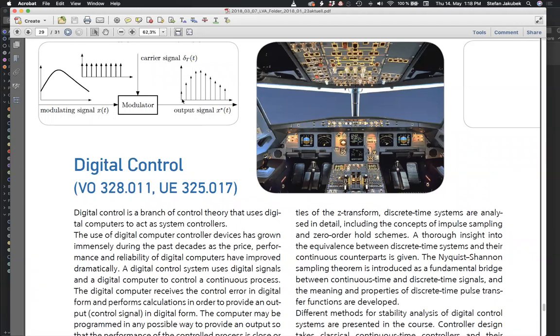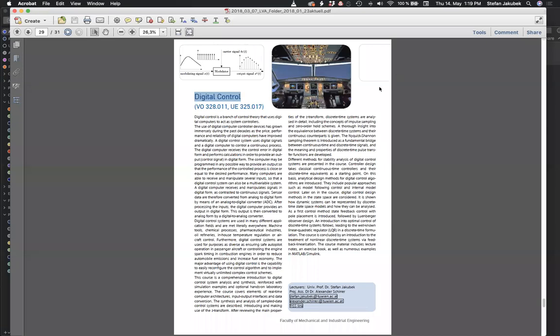A computer is only able to compute, for example, a control input every 1 second, every millisecond, or whatever. Normally, if everything runs fine, you can just neglect this. You just assume that you have your continuous control law and you evaluate it every like 1 millisecond and it works. There are other situations, however, where this is not true anymore, and this is the moment where digital control comes into play and where you could profit from attending this lecture.